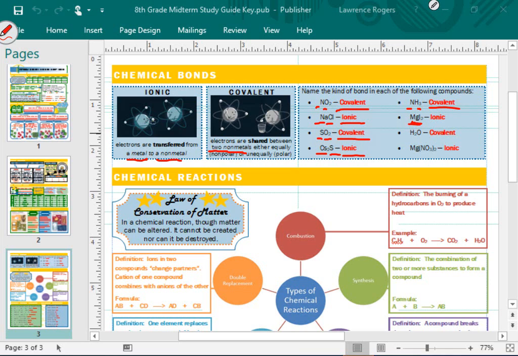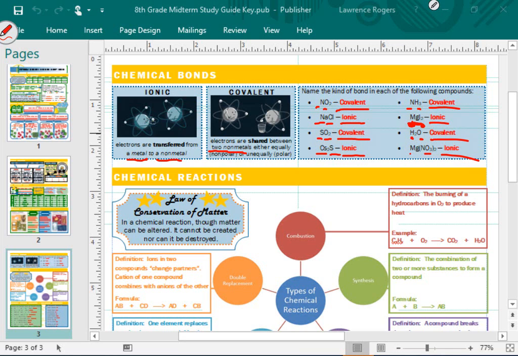Oh, Mg, there it is. Sorry, I couldn't see it. Magnesium iodide. Magnesium is a metal, iodide is nonmetal, ionic. Hydrogen nonmetal, oxygen nonmetal, you get covalent. Magnesium nitride. Magnesium is a metal, this polyatomic is a nonmetal, so we end up with an ionic bond.